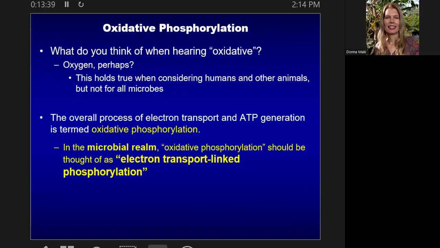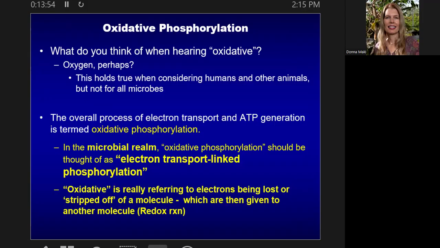Okay, so we're going to see that it is an electron transport chain process. And through that process, you end up making ATP. So oxidative in this class is really referring to electrons being lost from one molecule and being given to another. Which is technically, when you think about that process, a redox reaction. RXN is short for reaction. Okay, so we're thinking about redox reaction.